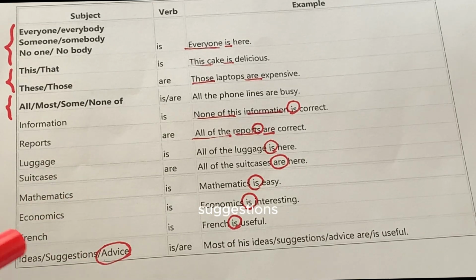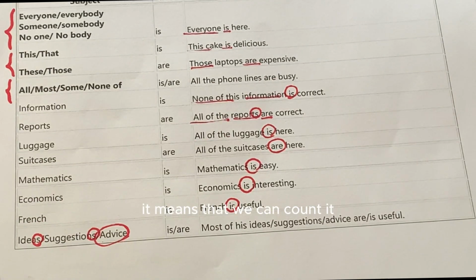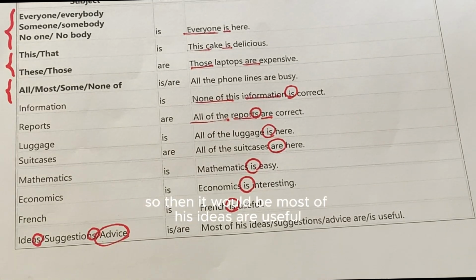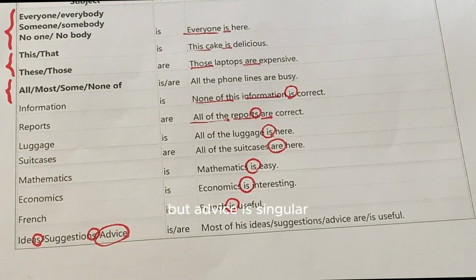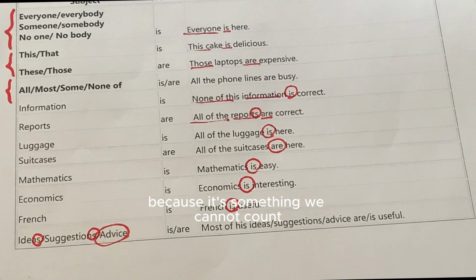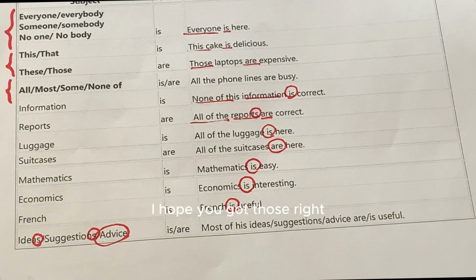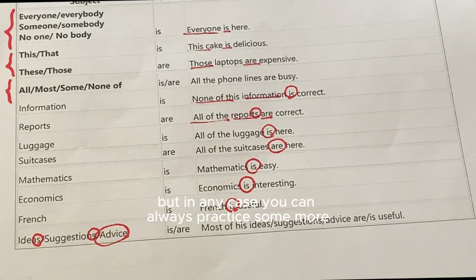Ideas, suggestions, recommendations. With an S, it means that we can count it. So then it would be most of his ideas are useful. Most of his suggestions are useful, okay? But advice is singular because it's something we cannot count.